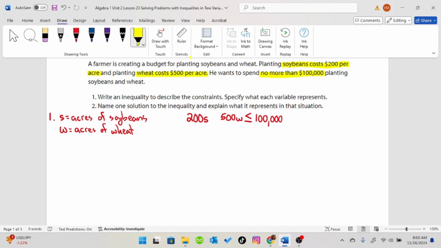And finally, it says they want to spend that planting soybeans and wheat, so we would add these two together. Now we have our inequality.